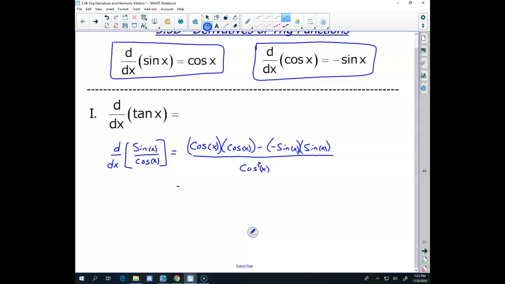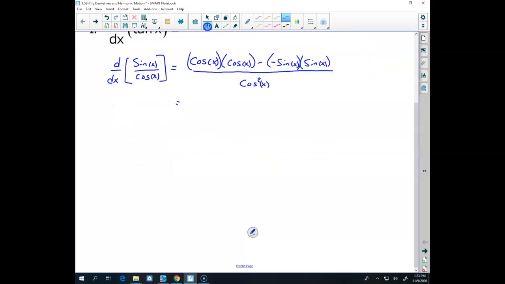So what we really get here is cosine squared x. Sine x times sine x is sine squared x. That's a negative and a negative, that's a plus sine squared x, all over cosine squared x. What is that up here? That is one of your trig identities.